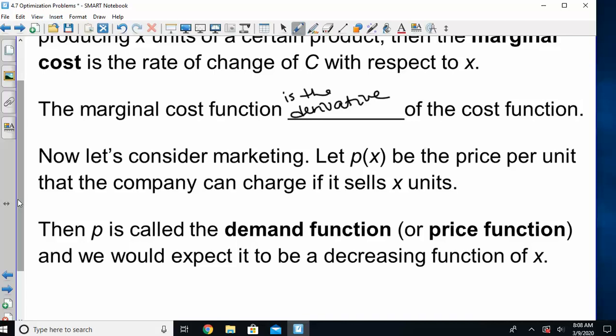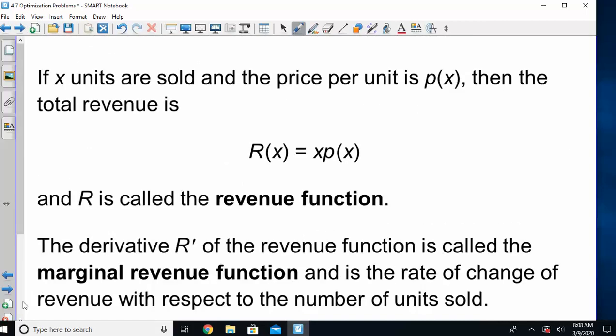So in other words, as you produce more, you're probably going to charge less per item for those. Revenue is price times quantity, x times p of x. The number you sell times the price of each one is the revenue, the amount of money you're bringing in. Of course, then the derivative of revenue would be your marginal revenue.